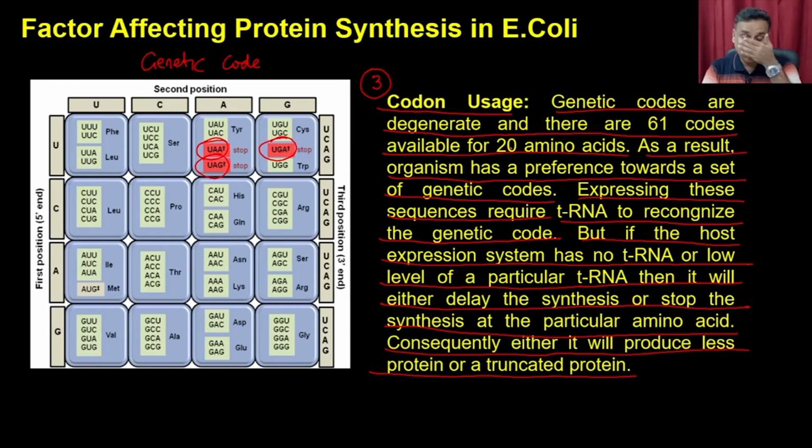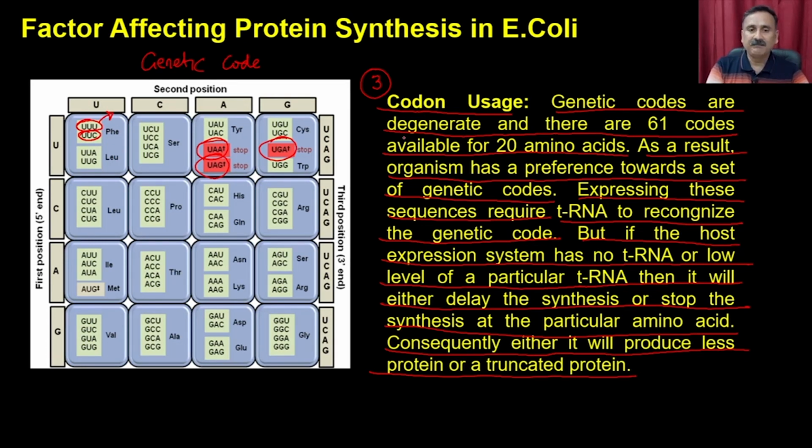So what it means is that every organism has a preference for using some of the codons. For example, in the case of phenylalanine, you have two codons, UUU and UUC, right? It is possible that in E. coli the UUU is the more preferred codon. So in that case, it will have tRNAs only for UUU.